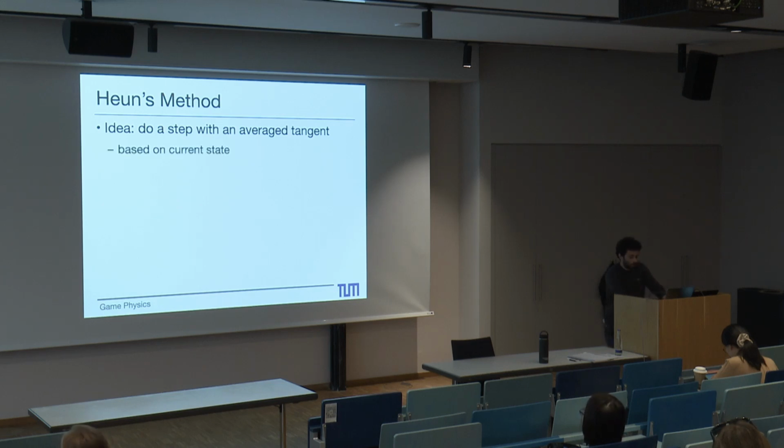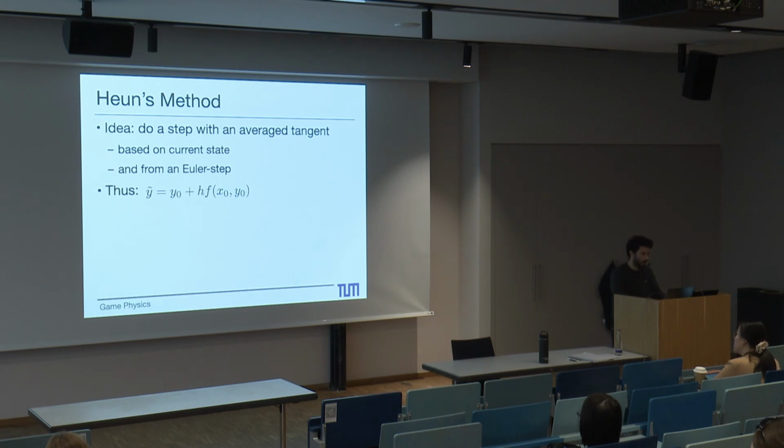This estimation is based on the current state and also on an additional Euler step that we are going to perform. So the method looks more or less like this. We take our Euler step here, and in this case we start as usual in our point x0, y0, which is our standard start point.